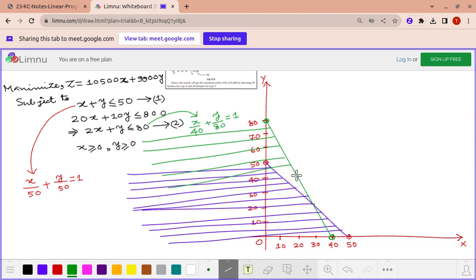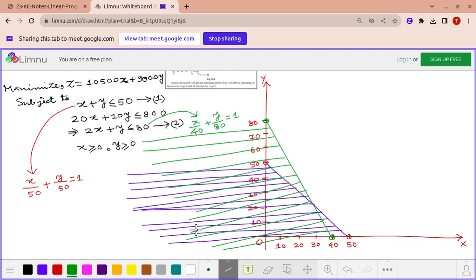Okay, so now we need to consider where both the green color and blue color regions coincide. Also one thing we need to consider is that x is greater than 0, y is greater than 0. That means we should not consider anything where x is less than 0 or y is less than 0. So the constraints are x greater than or equal to 0, y greater than or equal to 0.